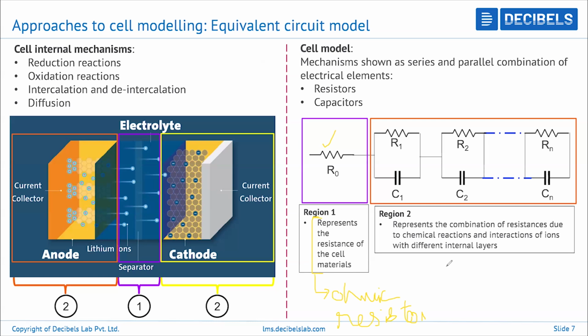Okay, when we're developing a circuit, when we're developing the electrical model, the first element that we can use is a series resistance, which is given by the symbol R0. That is basically all the materials, namely the electrolyte, the semi-solid, or you can even call it a fluid electrolyte, since in most cases the electrolyte is a fluid, not completely a fluid, it is kind of like a paste.